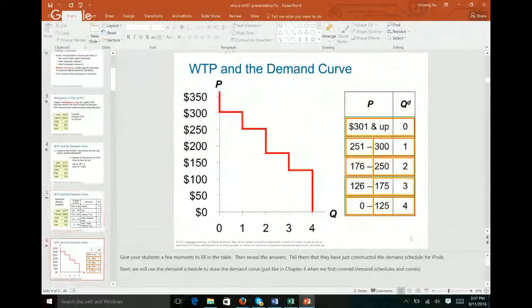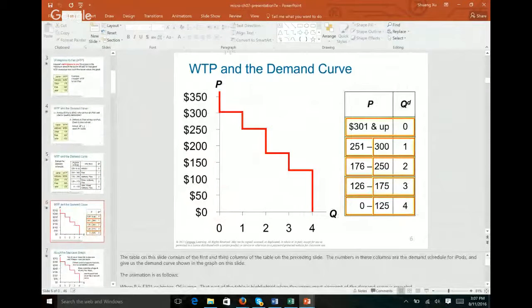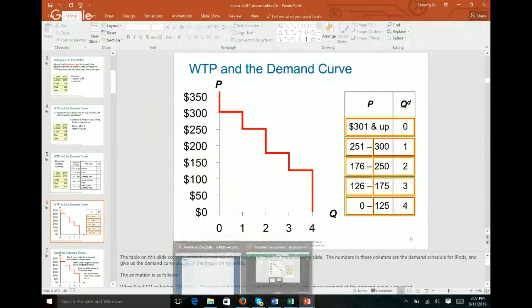If I give you a table like this or a graph like this, you need to know how to find the consumer surplus. Consumer surplus is the difference between your demand curve and your price line. That's your consumer surplus. Normally, you're going to see a regular triangle for consumer surplus, but more often than not, you're also going to see something like a little staircase demand curve. So just find the difference between each level.